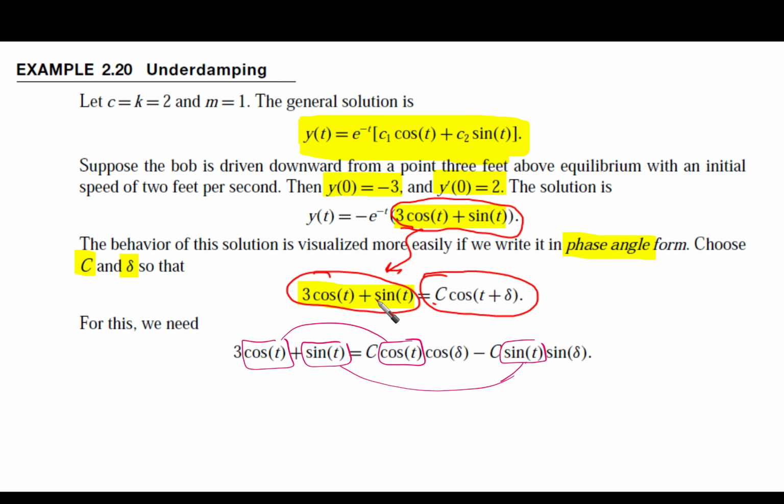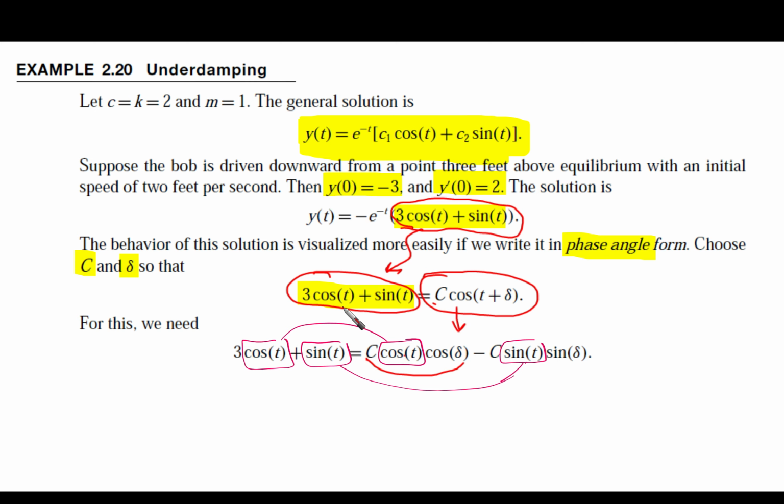So we are going to claim that the right hand side, c cosine of t plus delta, from the trigonometric transformations, is cosine cosine minus sine sine. Do you remember this rule? So we put c cosine t cosine delta minus c sine t sine delta. This is the right hand side.